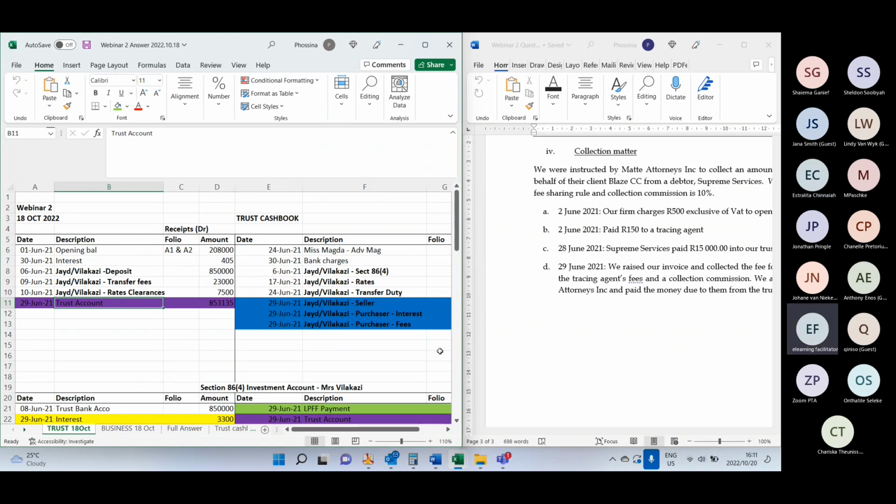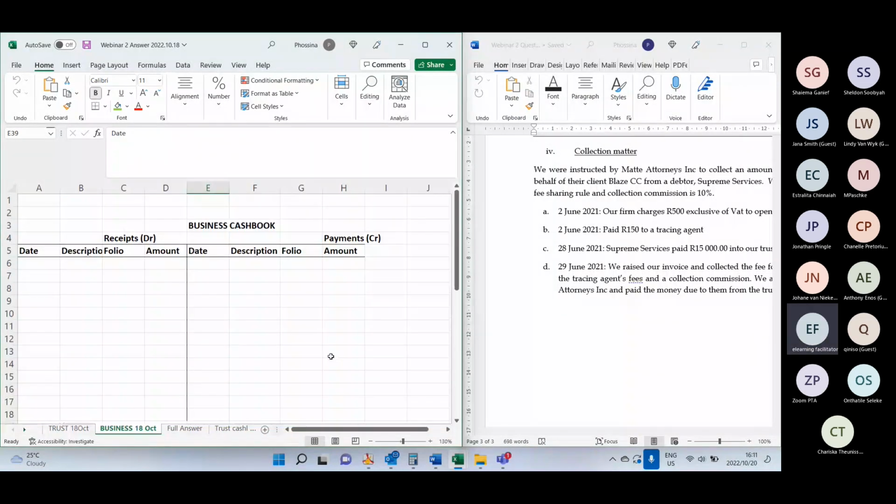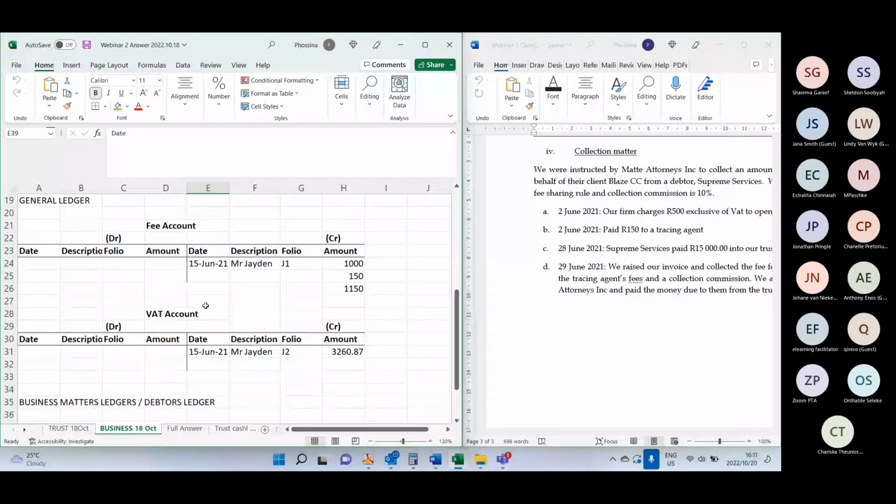So the transaction says on 2 June, our firm charges 500. If it's our firm which is charging, this is a business transaction, which means we are raising an invoice for 500 exclusive of VAT. So if we are to record the transaction, we are recording it on our business side of things.